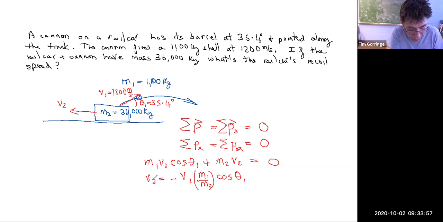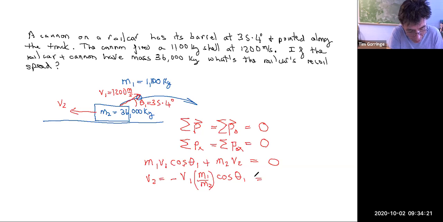The recoil velocity is in proportion to the shell's velocity and depends on the ratio of the shell's mass to the rail car's mass and the direction that the shell was fired at. And all these quantities over here on the right, we know them all. I can fill them all in.